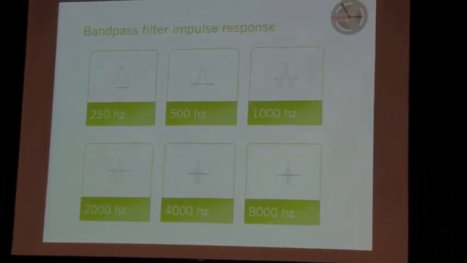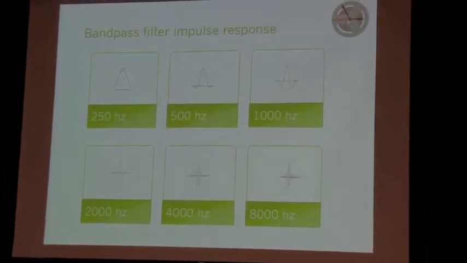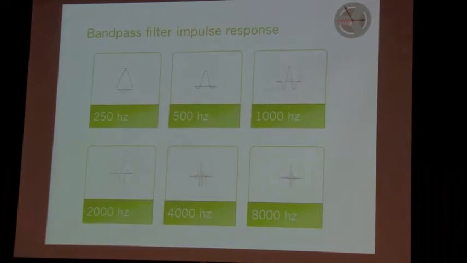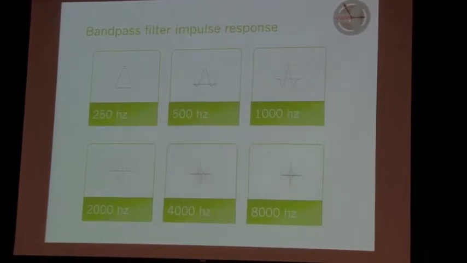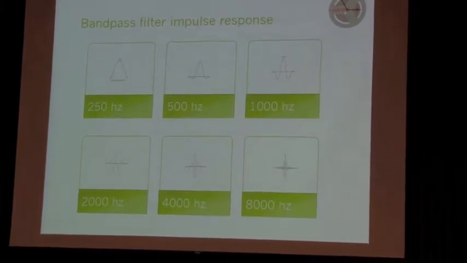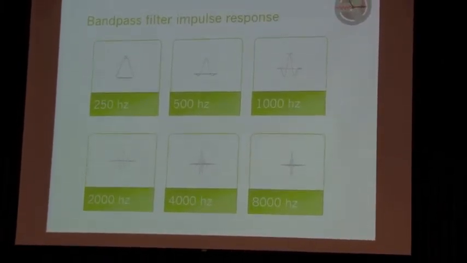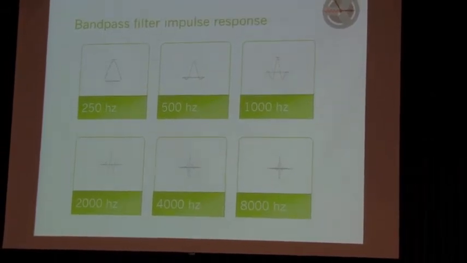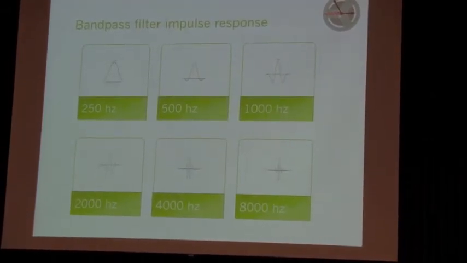So for example, these are the impulse responses for a bandpass filter that has different center frequencies. This is basically actually low pass because it includes 250 hertz that goes all the way down to DC.